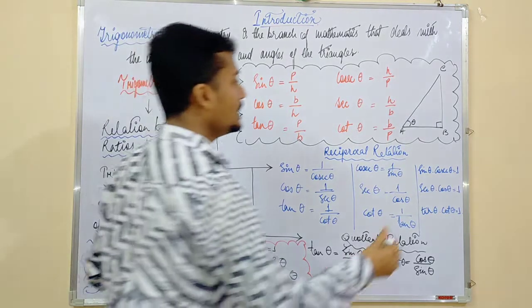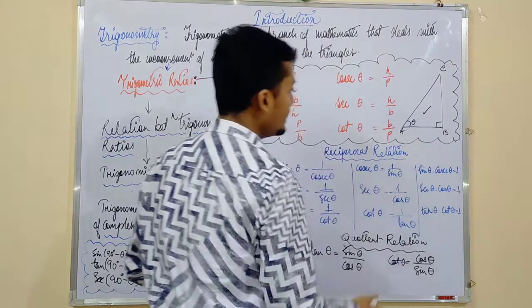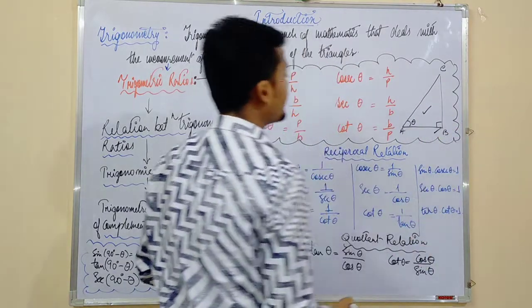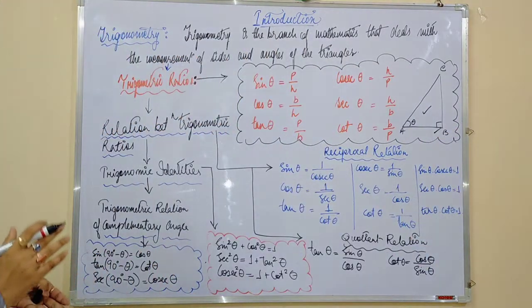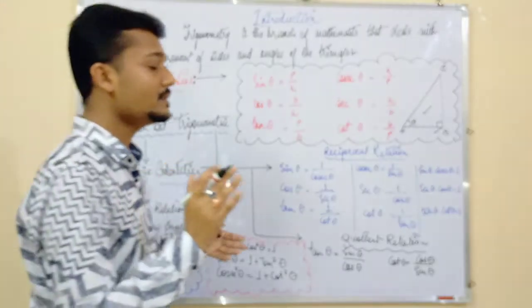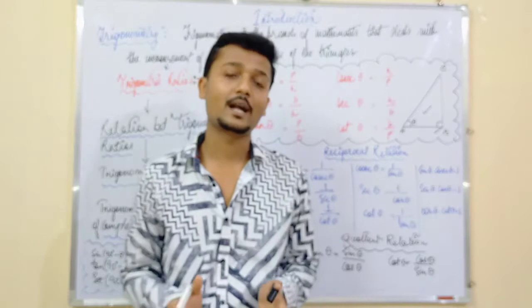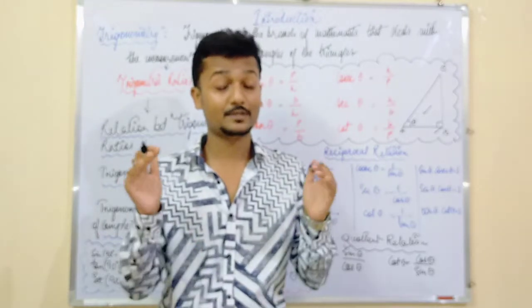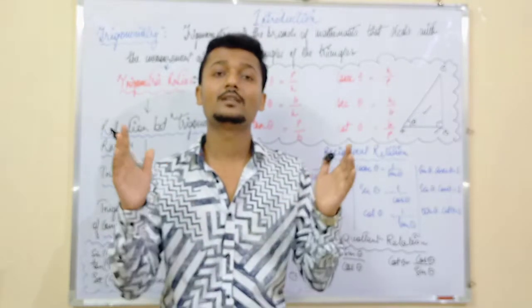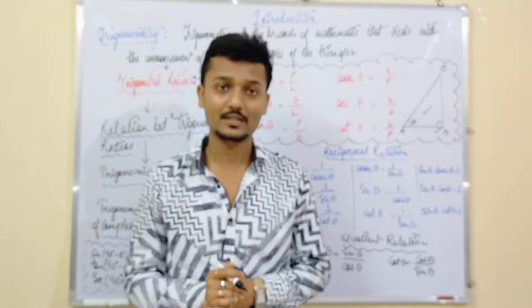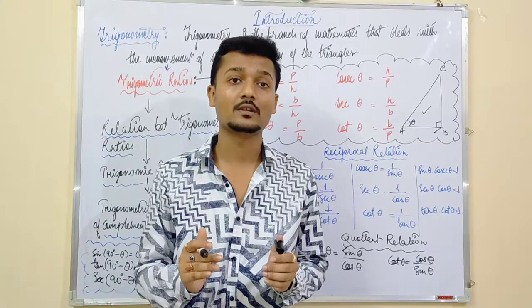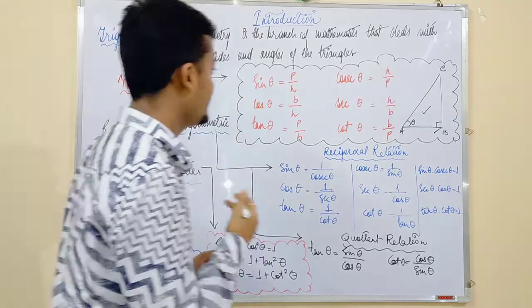Say for example, we have taken this right angle triangle, right angle at B. In the chapter trigonometry, the whole chapter lies on the various ratios of trigonometry, that is, the trigonometric ratios. Let us see the various trigonometric ratios.